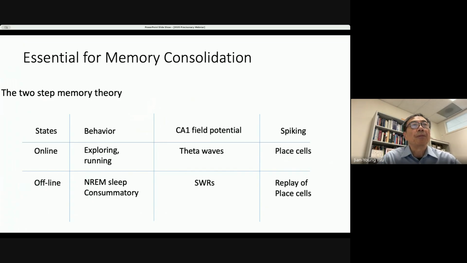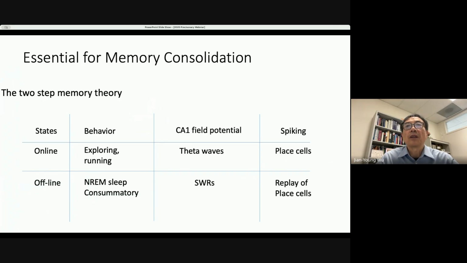And offline is during sleep, non-REM sleep, or consummatory behaviors like sitting still or not moving. At this time, the theta wave disappears in CA1 in the hippocampus, and instead they have sharp waves, about 1 per second, accompanied with ripple oscillations.